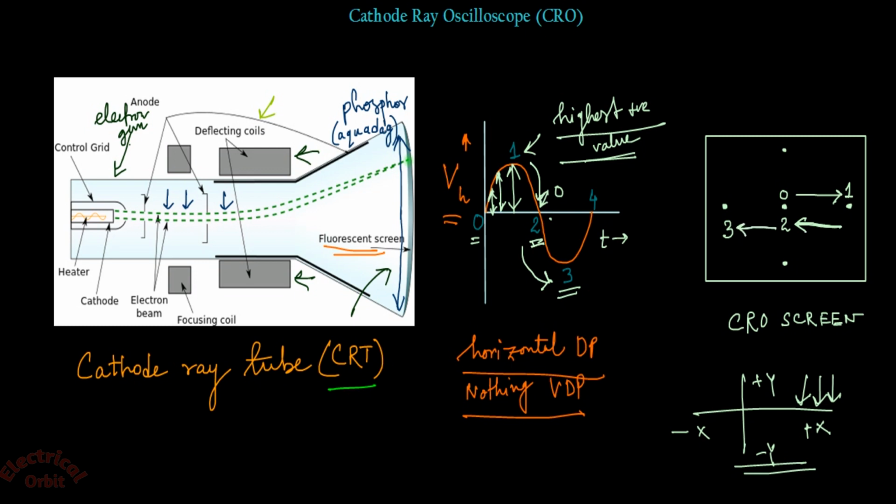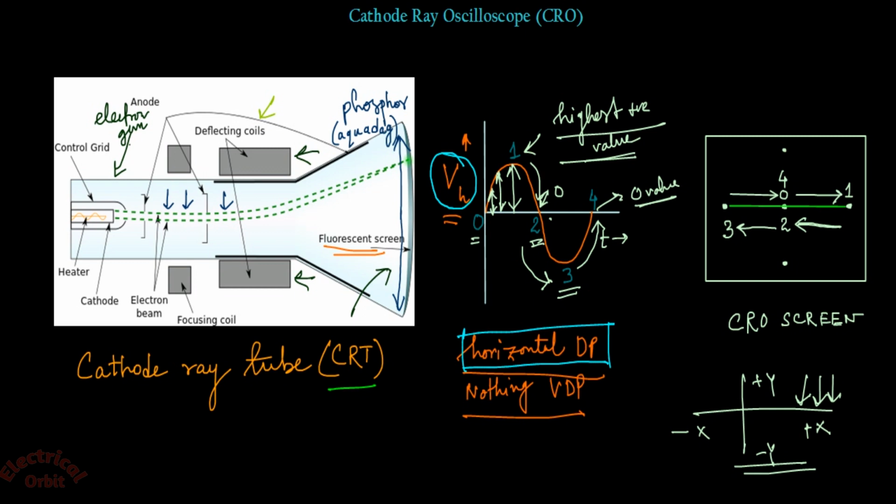Now from 3, the waveform goes to position 4, returning again to amplitude of 0 value. So we will find a horizontal line at the central position of the screen, like I have drawn here, for this VH input signal to the horizontal deflecting plate.